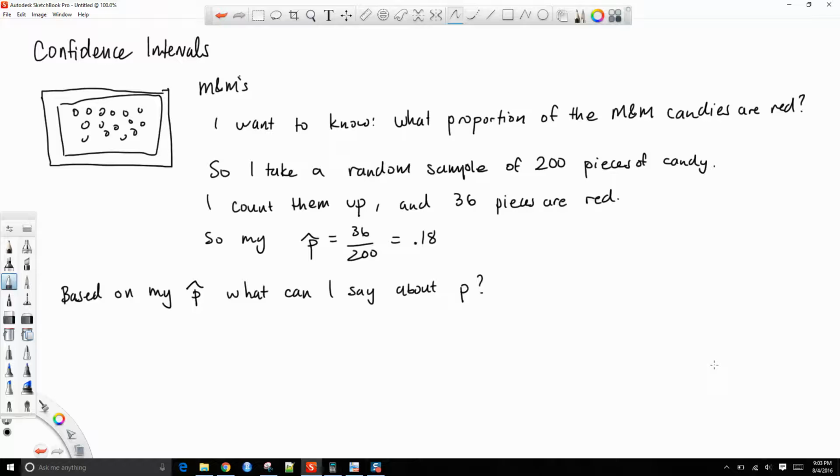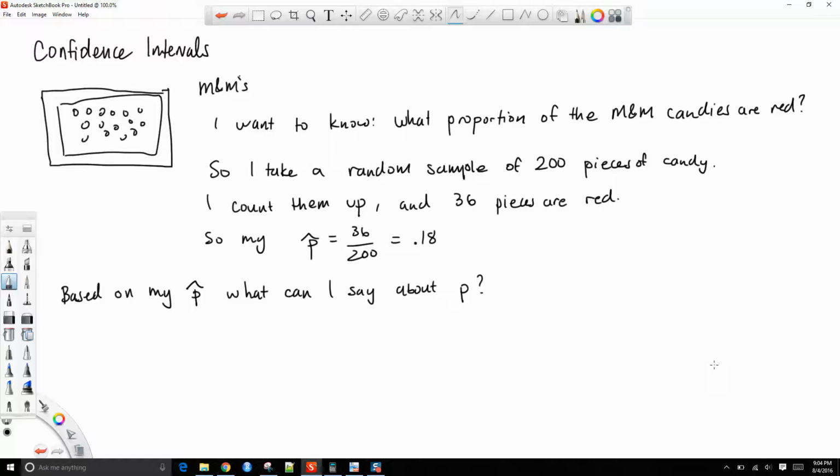I don't know, and so we're not going to be able to say that the tank is a specific value, but we might be able to come up with a range of values that are plausible. This interval of values are plausible values for the percentage that's red.